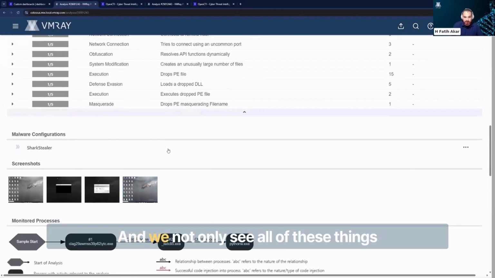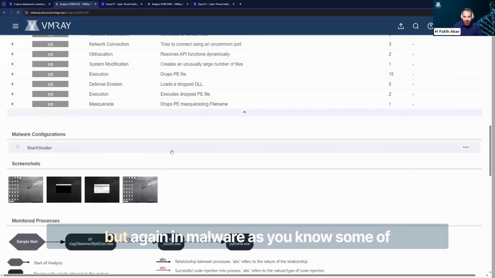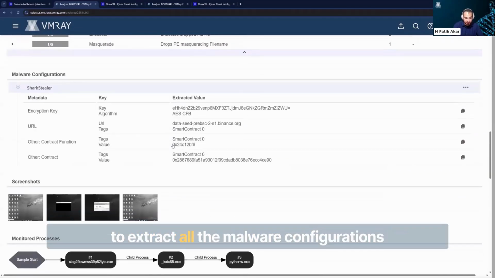And we not only see all of these things, but again, in malware, as you know, some of the malware authors embed a configuration into their sample so that they can change those configurations in different campaigns or scenarios, or maybe even attack different endpoints or organizations, but using the same piece of code. And in there, we were able to extract all the malware configurations from that sample.